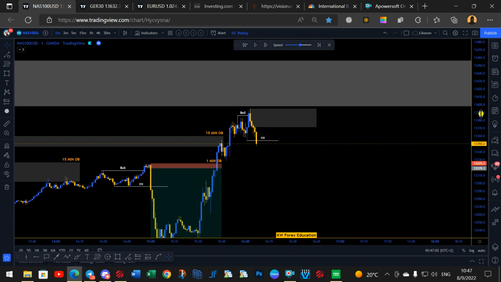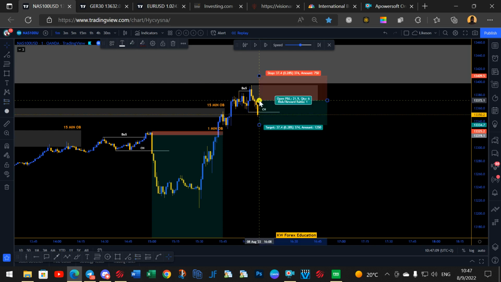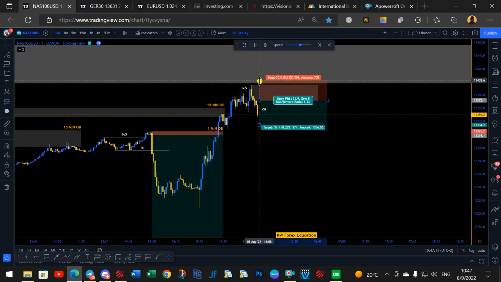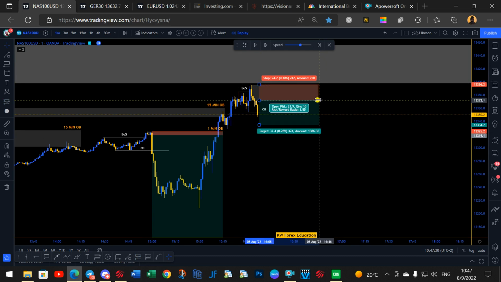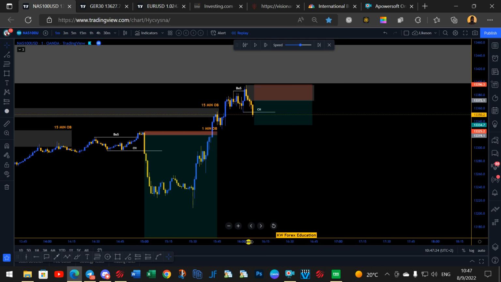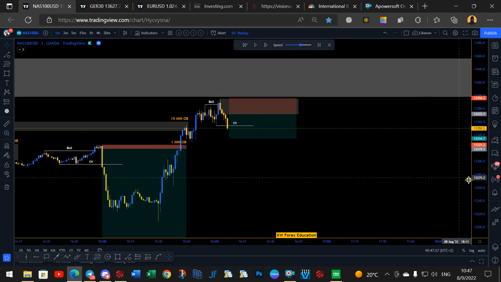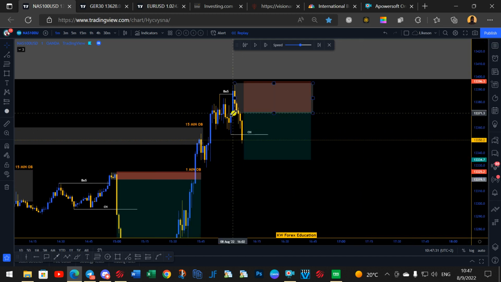So I put my sell limit, stop loss just above the highest point of that order block, right? Just above that. But then I did refine it to the last candle, this one here.